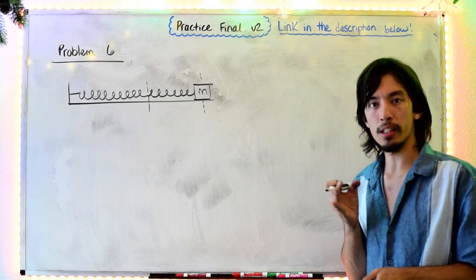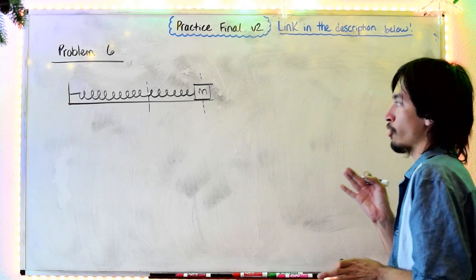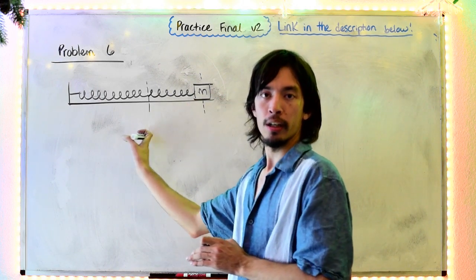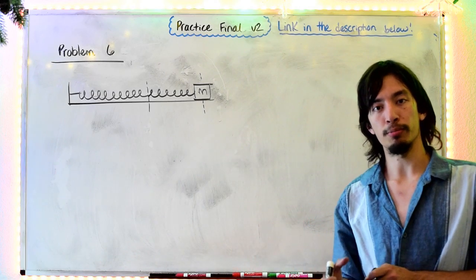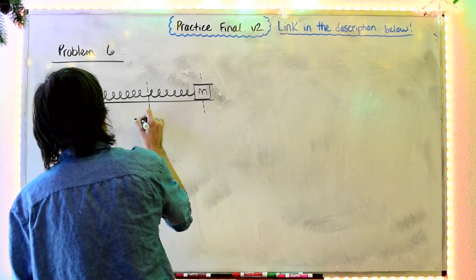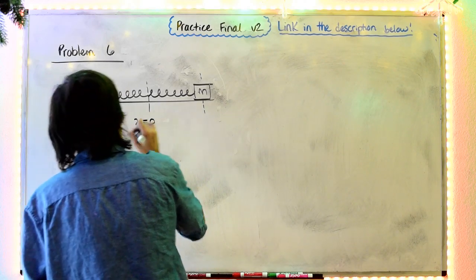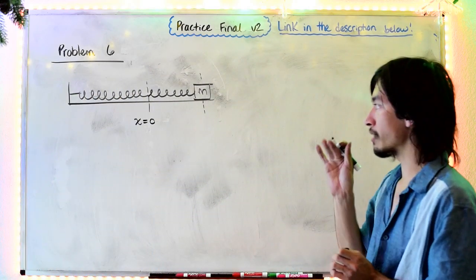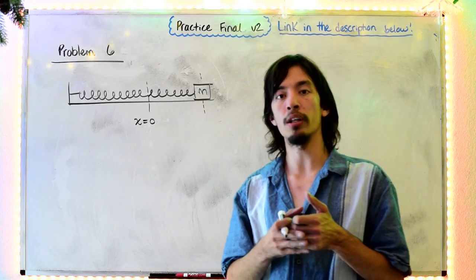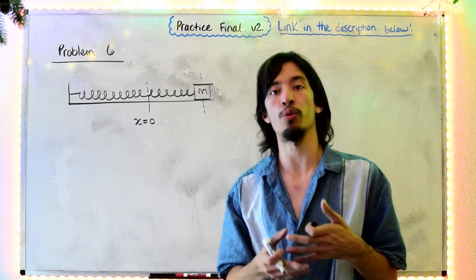So there's two things I'm going to mark out here in terms of positioning. This point over here represents how long the spring was to start with. So x equals 0 there. Because x is used in a spring to represent how much longer it got or how much shorter it got.